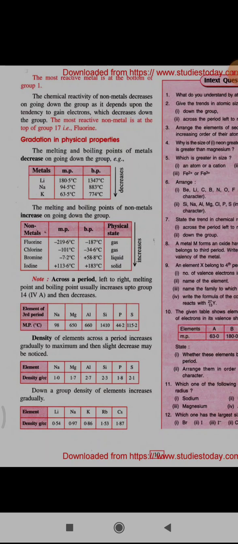In the other case, for non-metals, the chemical reactivity decreases on going down the group, and it depends upon the tendency to gain electrons. The most reactive non-metal will be fluorine. Let me show you these two elements in the periodic table.